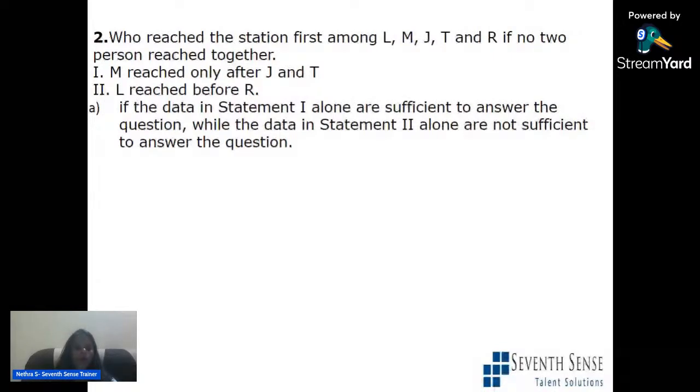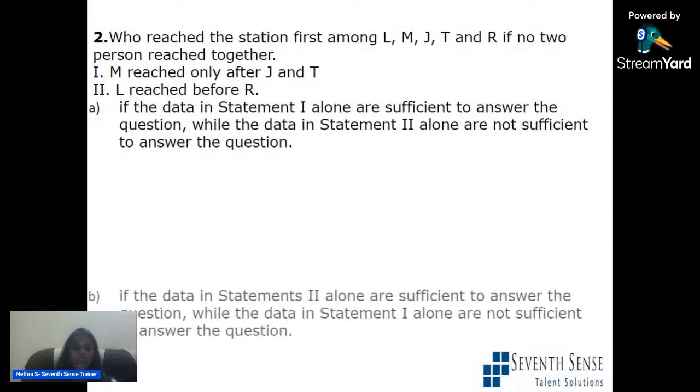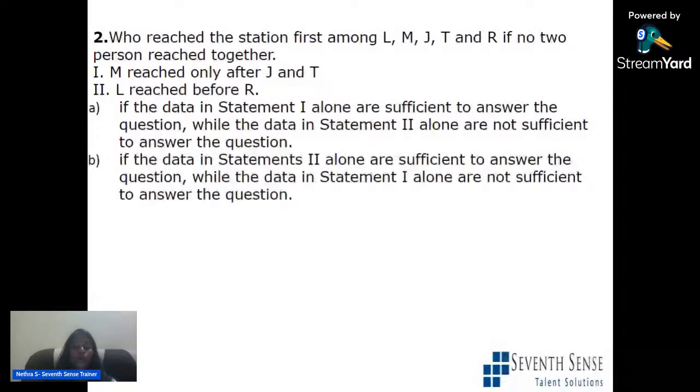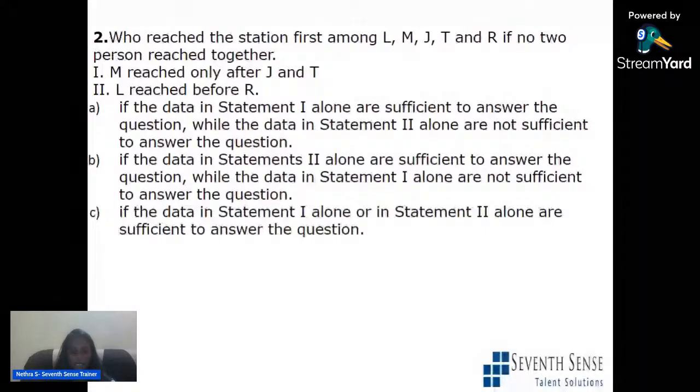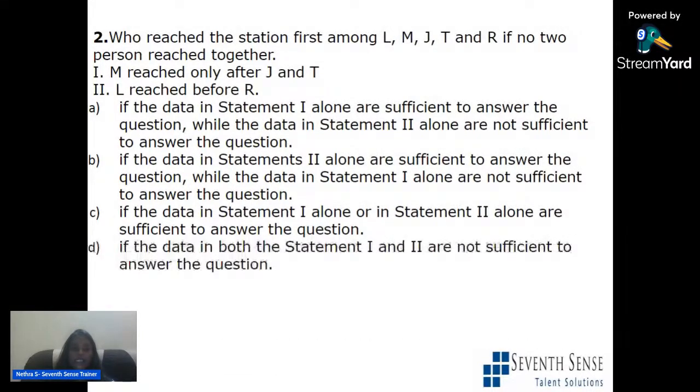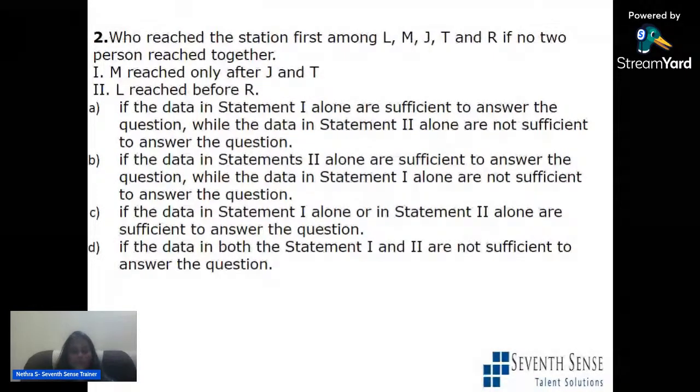Option B is if the data in statement 2 alone are sufficient to answer the question, while the data in statement 1 alone are not sufficient. The third option is if the data in statement 1 alone or in statement 2 alone are sufficient to answer the question. And option D is if the data in both statements 1 and 2 are not sufficient to answer the question. Just read the question and statements carefully and try to select the correct option.